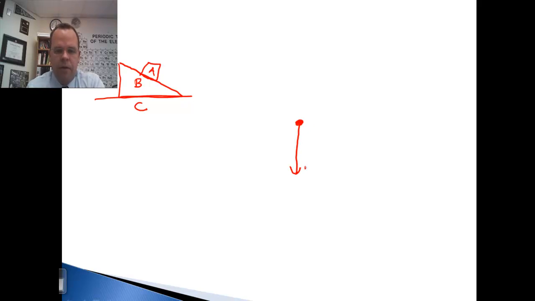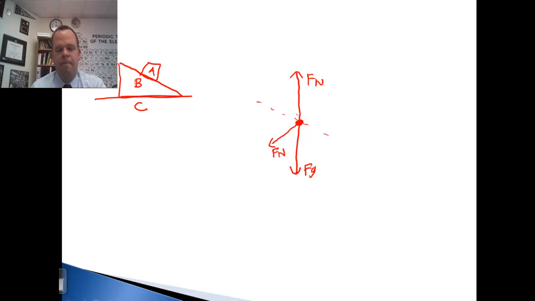We have gravity pushing down. It's touching C, so it must have a normal force perpendicular to the surface, pushing up. A, now remember, A is at an angle. A is pushing down perpendicular to the surface. So if this dashed line is the surface where they're in contact, perpendicular to that is where the normal force is going.